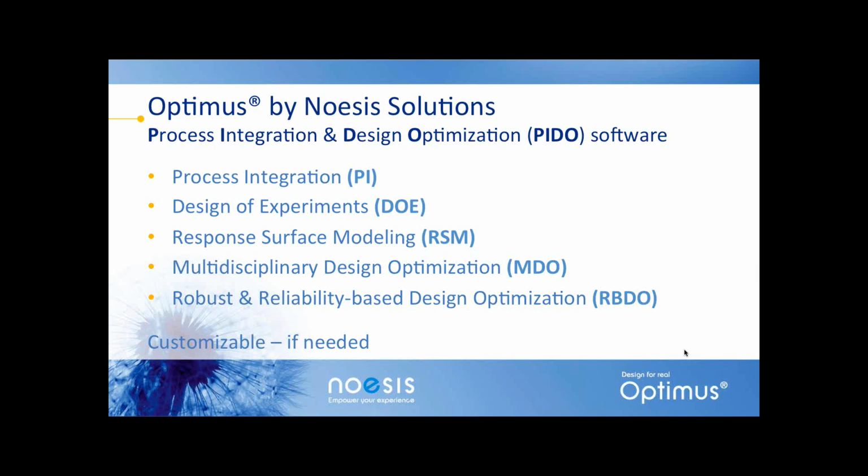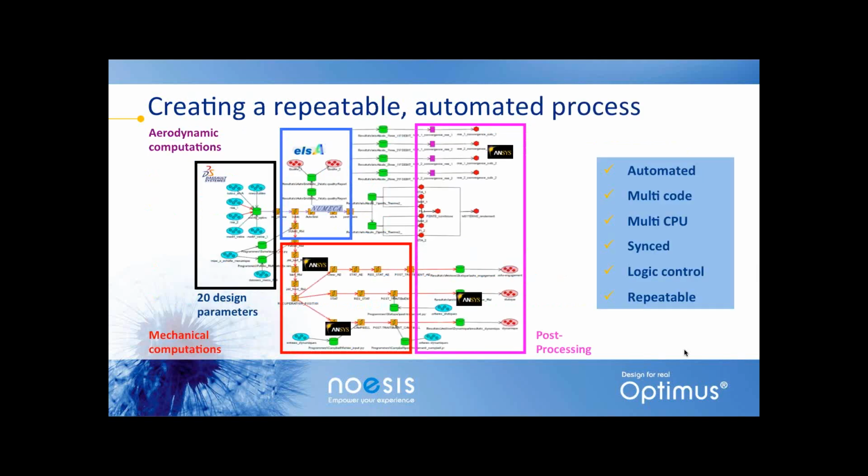So let's start with the first of these, which is process integration. This capability allows you to link any number of programs together and allow it to run as one continuous and automated workflow.